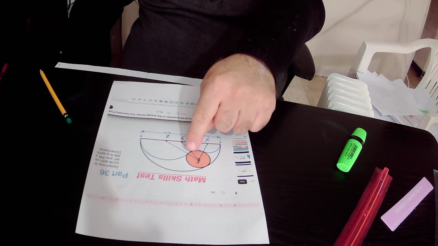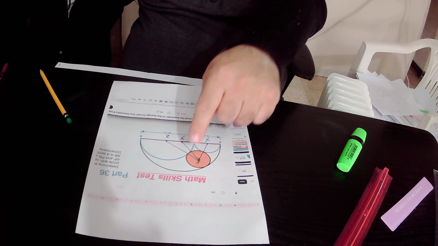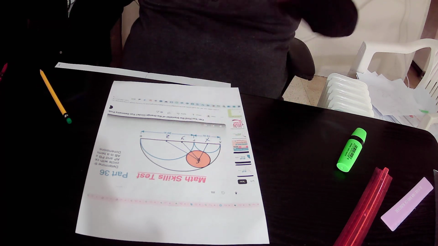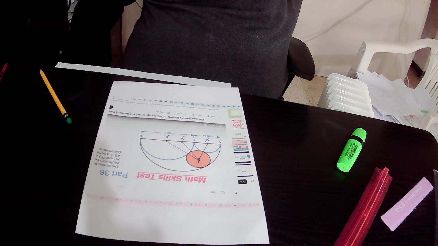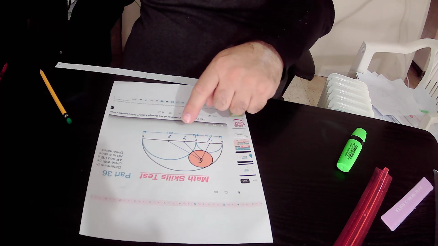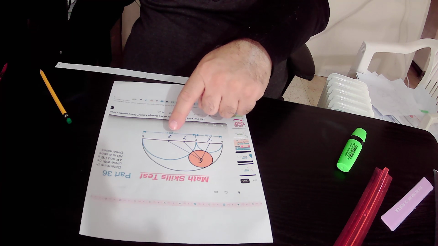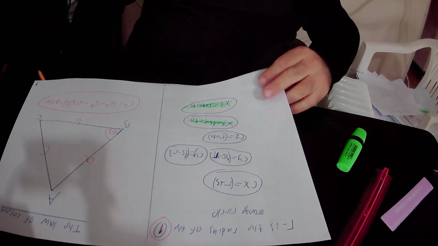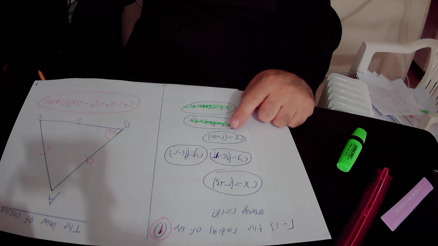That is to say, they are touching each other externally at this point. Therefore, the distance between their centers, CZ, will be equal to the sum of the lengths of their radii. That is to say, it will be equal to the radius of this orange circle, that is r, plus the radius of this semicircle, that is 10. So in conclusion, we found out that line segment CZ equals r plus 10.